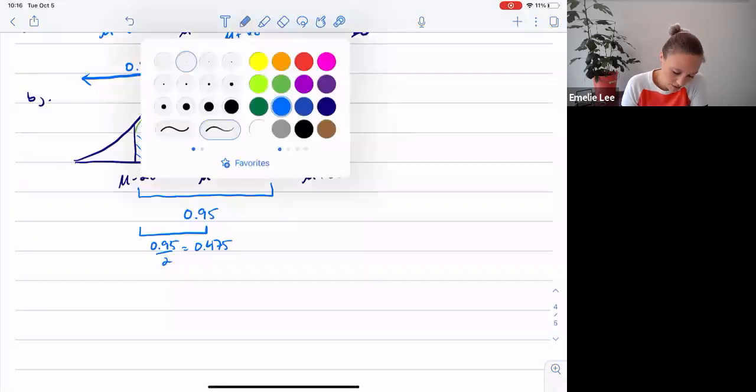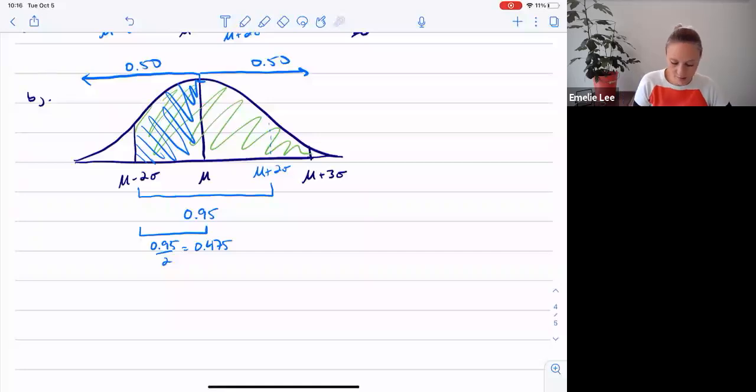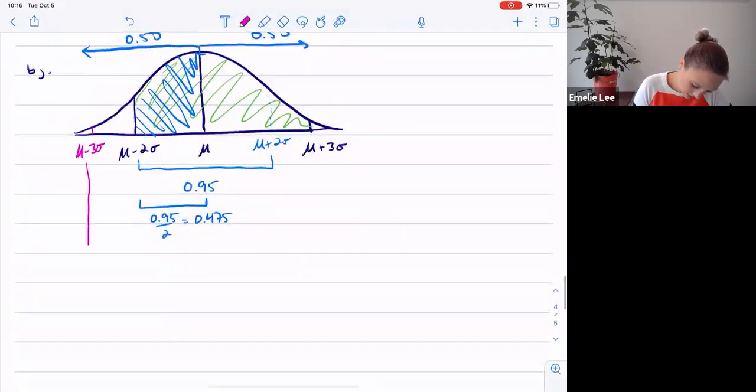Okay. Whereas here, if I'm talking about this chunk that I'm interested in, I could do the same thing, and I could say from mu plus 3 sigma down to mu minus 3 sigma.